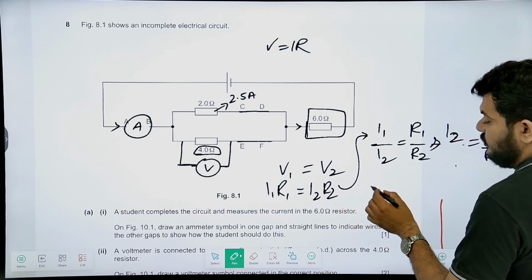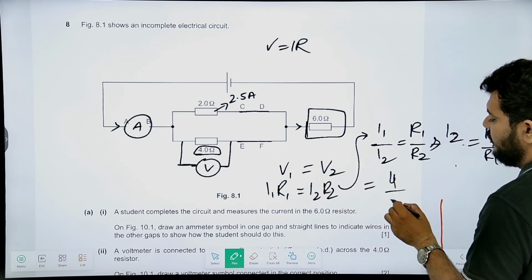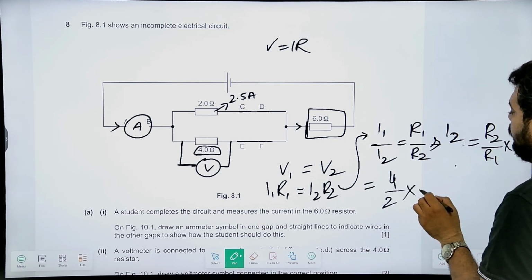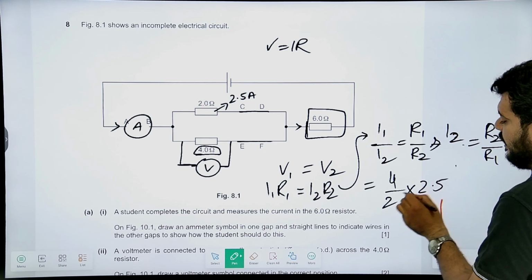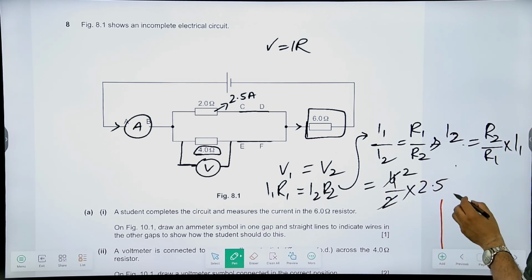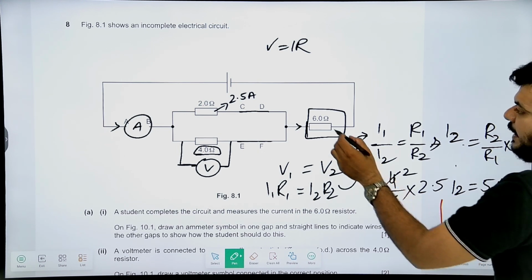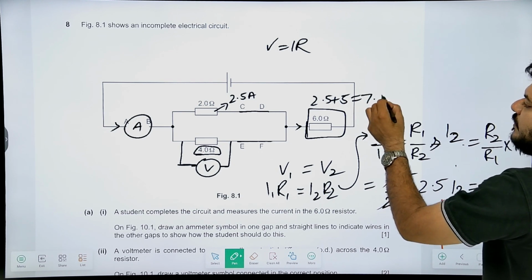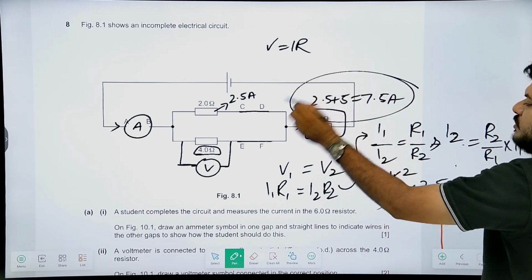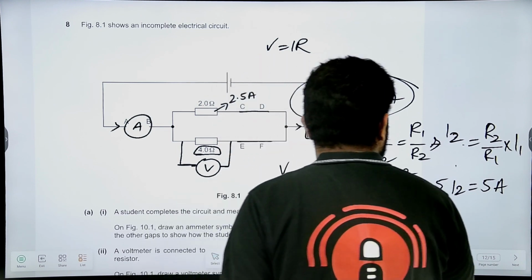Then you have R1 as 2 into I1, which is 2.5. So 2 times 2.5, I will have I2 is equal to 5 ampere, and the total current is 2.5 plus 5, which is equal to 7.5 ampere. This is your answer. Okay, so this is how you find this.